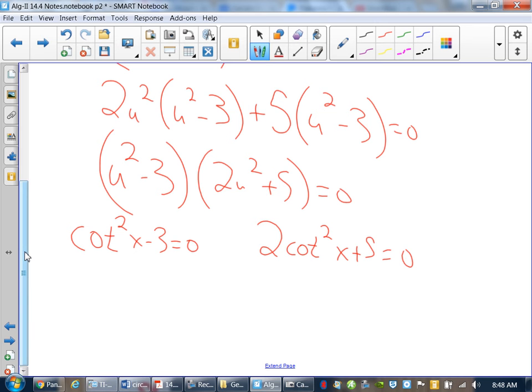If I solve 2 cotangent squared x plus 5 equals 0, I'd have to subtract 5, divide by 2, and take a square root. I don't know about you, but do you want to do imaginary trig work? No, me either. So I'm not going to do this one, because I can't. You'll have negative roots.